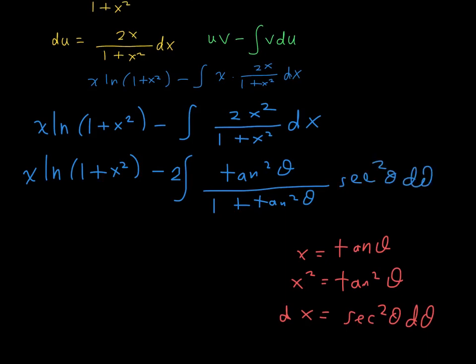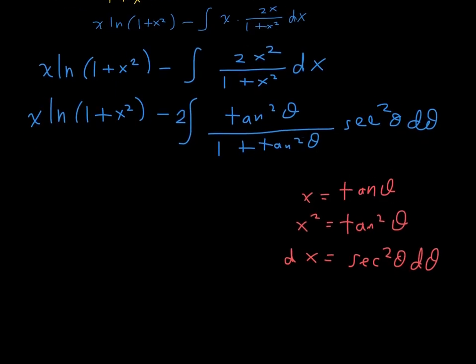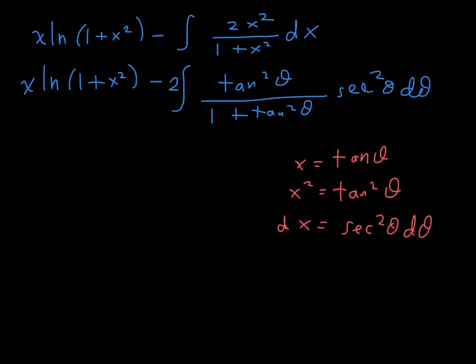d theta. So what that'll do for us then is I'll have x times the natural log of 1 plus x squared minus 2 times. Now, let's not forget the Pythagorean identity that says 1 plus tangent squared of theta is equal to secant squared of theta.